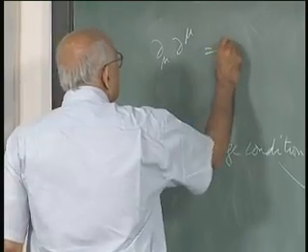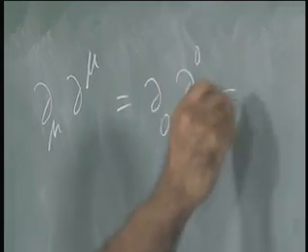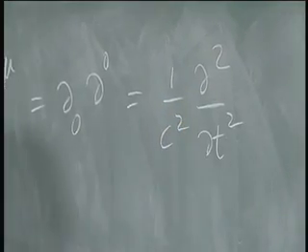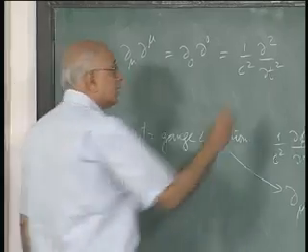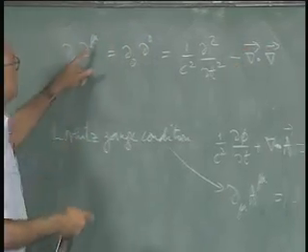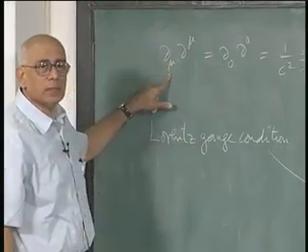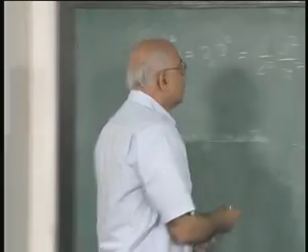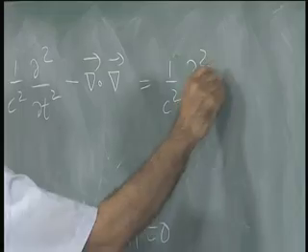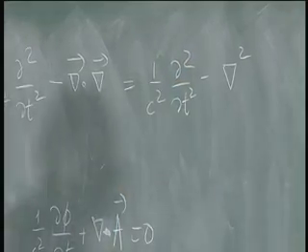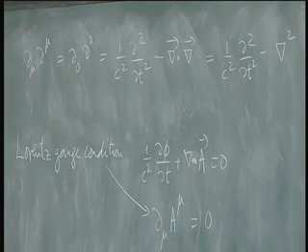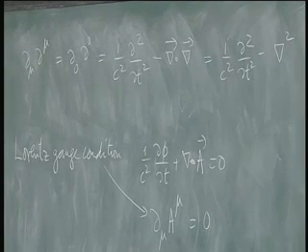So this is equal to 1 over c squared delta 2 over delta t2 minus del dot del, minus because the upstairs one has a minus gradient and this is plus gradient here, so this is equal to 1 over c squared delta 2 over delta t2 minus del squared. That is the wave operator, and it emerges naturally, as you can see.